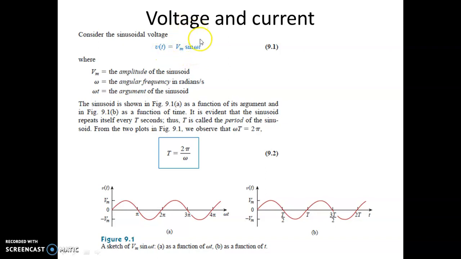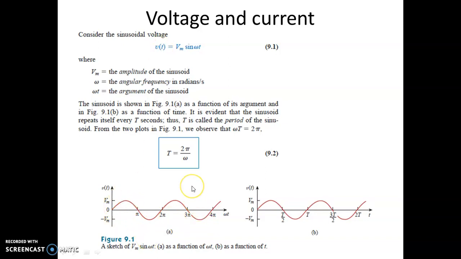Because it is sinusoidal in nature, it will not be a straight line like DC. Vm is the amplitude of the sine, this height, and omega is the frequency in radians. So omega t is the argument of the sinusoidal function. From this we can understand why we write V of t or I of t, because it is varying with time.